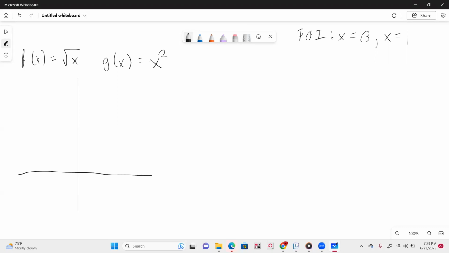And let's remember that they're going to be rotated about the y is equal to 1 line, which is this line right here. Okay, so for f of x, we're going to use this color. When we graph it, it's going to look like that. It's the parabola on its side.